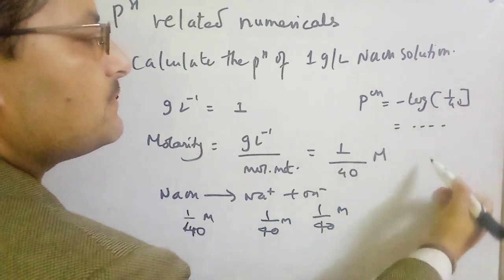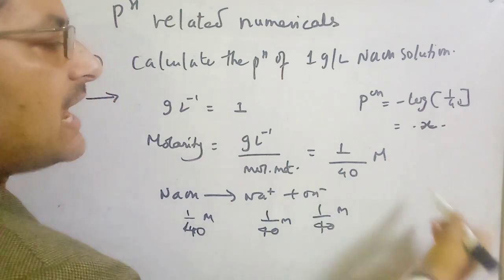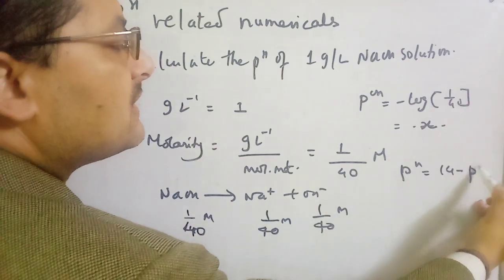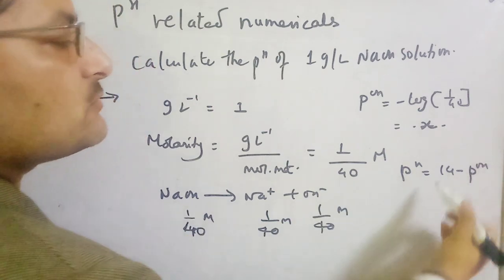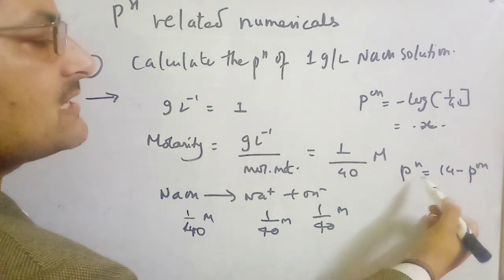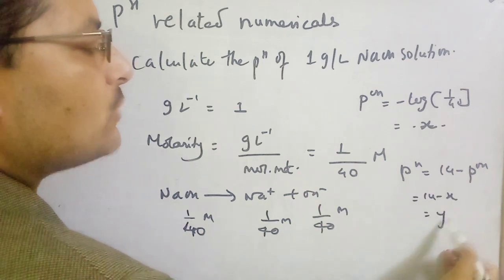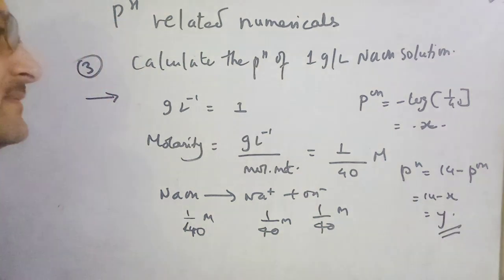Suppose you get pOH as X, then you can calculate pH by subtracting from 14, because pH plus pOH is 14. So 14 minus X, that you get Y. So this is how to calculate pH of NaOH solution when gram per liter is given.